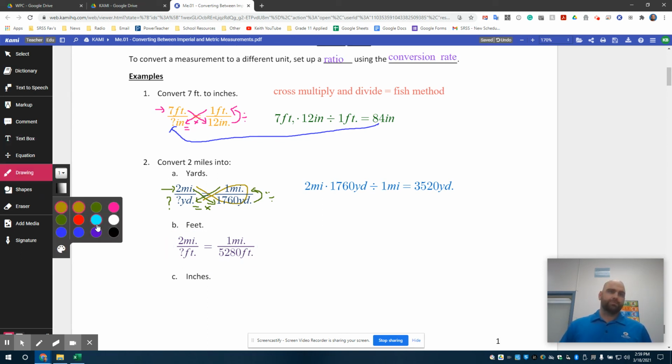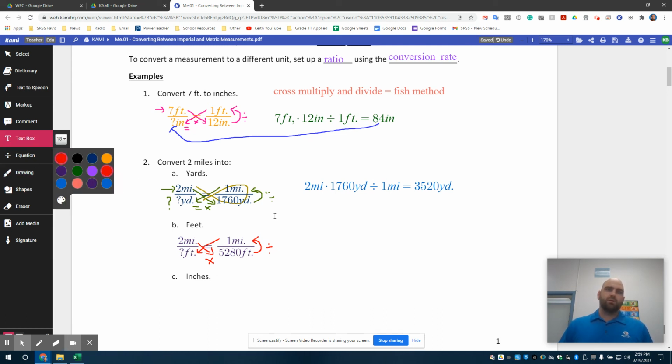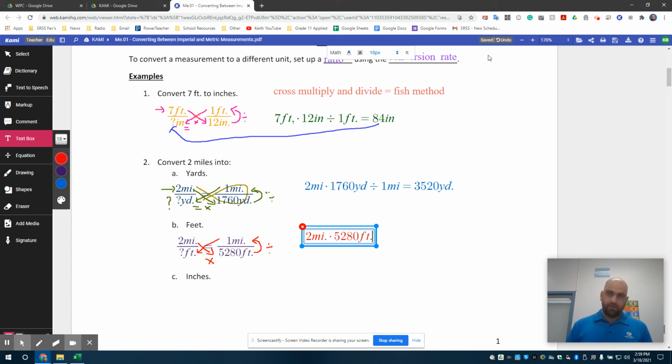Let's draw it out. Let's do red. Multiply across, divide up, in this case, and then that equals the number of feet. Again, I'm going to write that out in the form of a statement. 2 miles times 5,280 feet, and then divided by 1 mile.